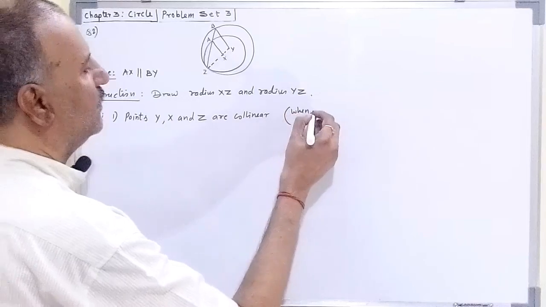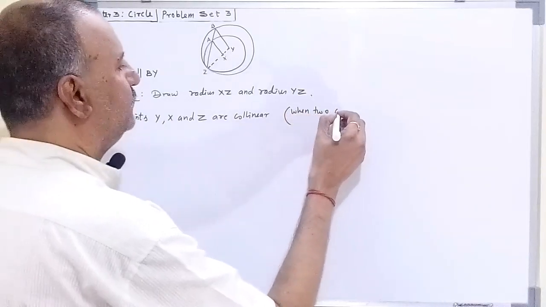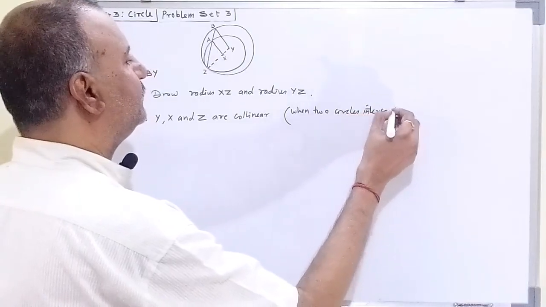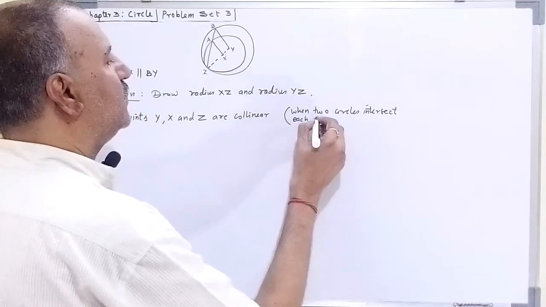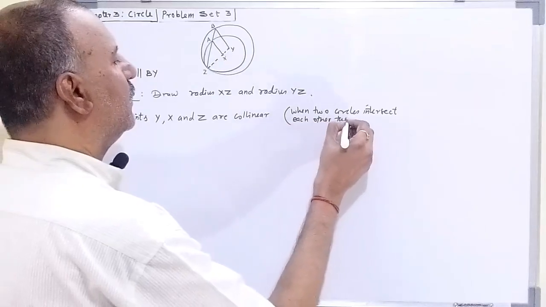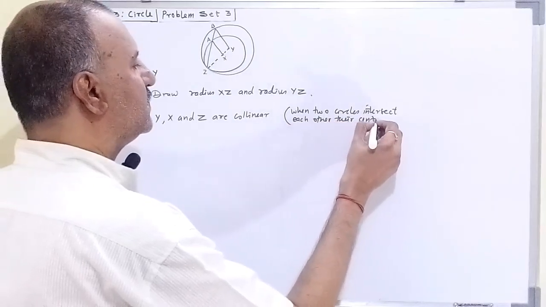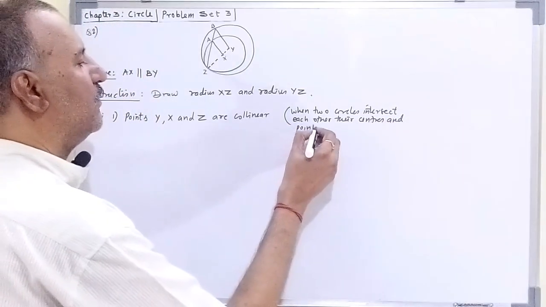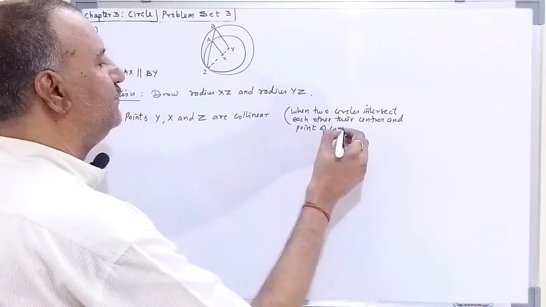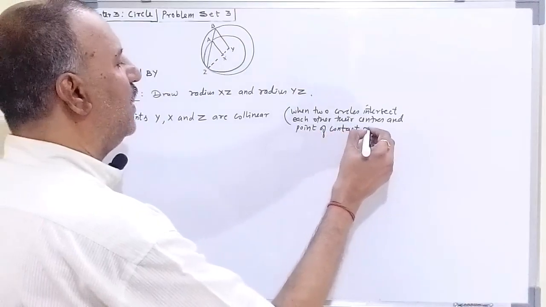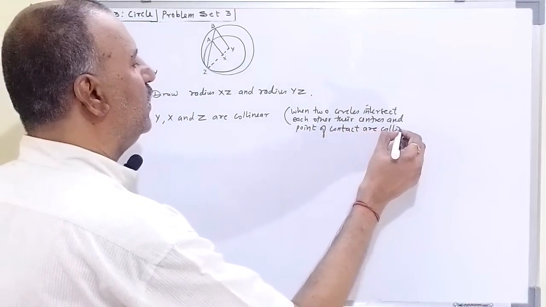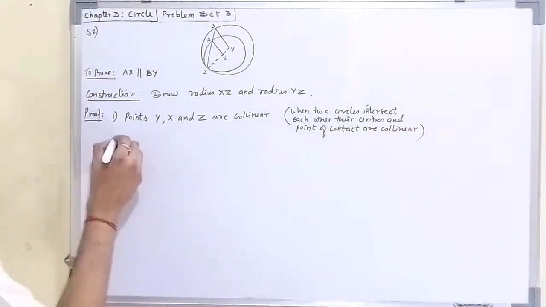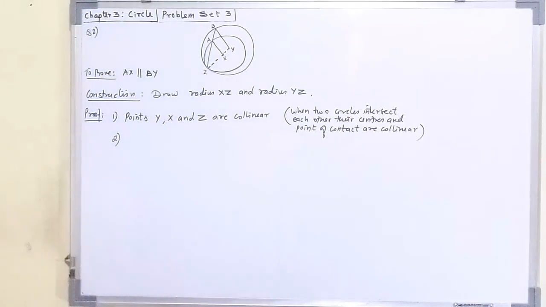When two circles intersect each other, their centers and point of contact are collinear. Statement number 2.